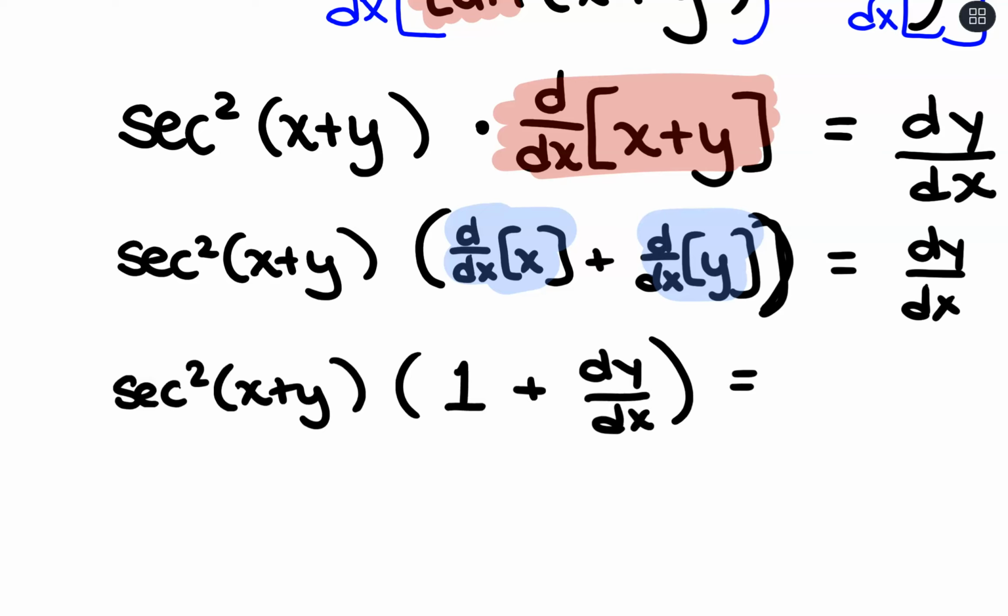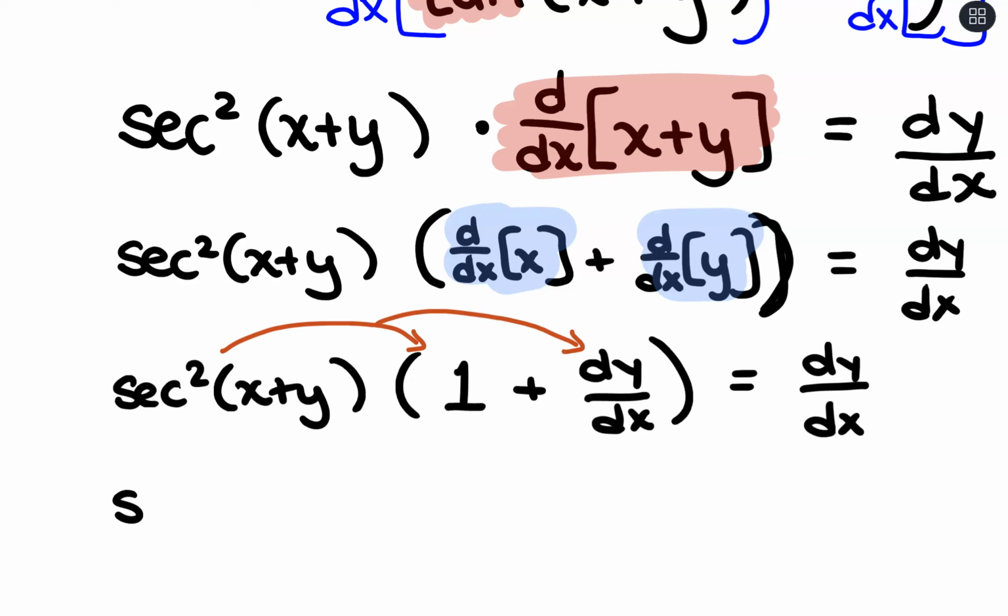So now we're done taking the derivative, and what I want to solve for is dy dx. So what I'm going to go ahead and do is distribute secant squared in here.